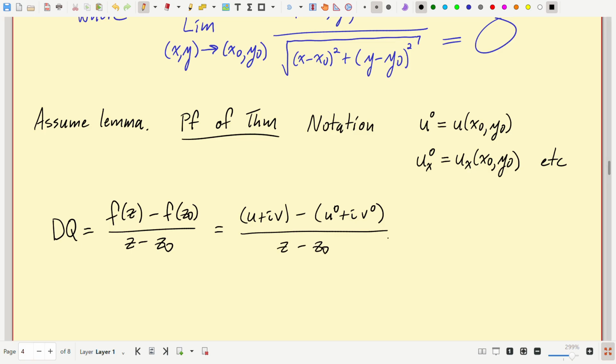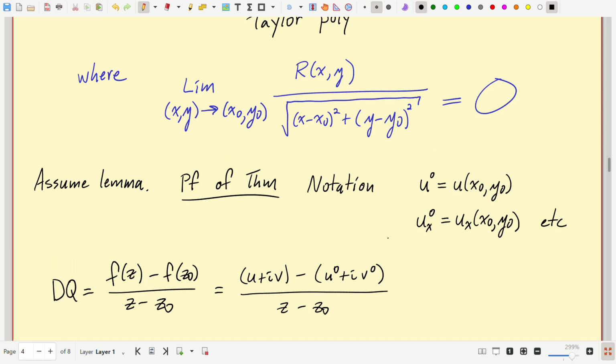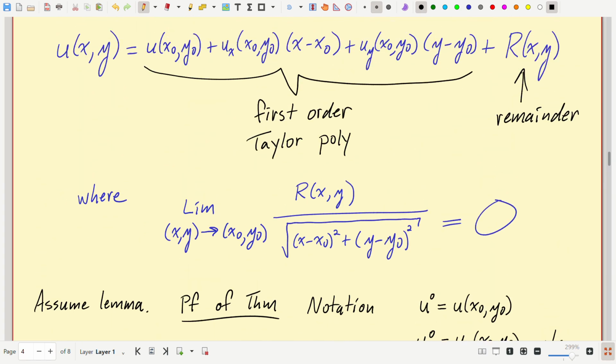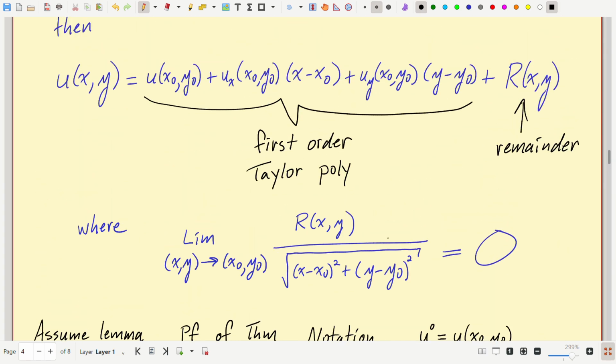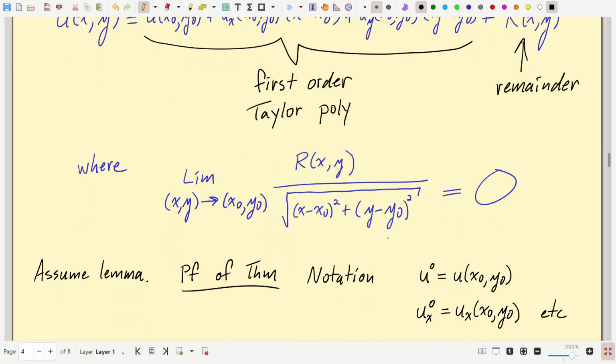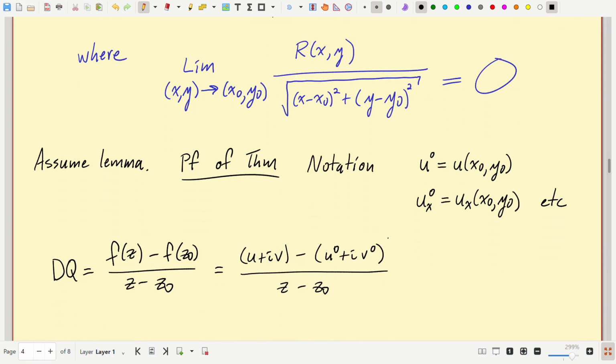Now think of that formula in the calculus lemma above. I've got a u minus u naught. Let's go back and look at it. I can take that u of x naught, y naught on the right-hand side of the big hairy formula and put it on the other side. That would give me u minus u of x naught, y naught, and that's equal to the first order Taylor polynomial plus the remainder. So now I'm going to use that fact right here.